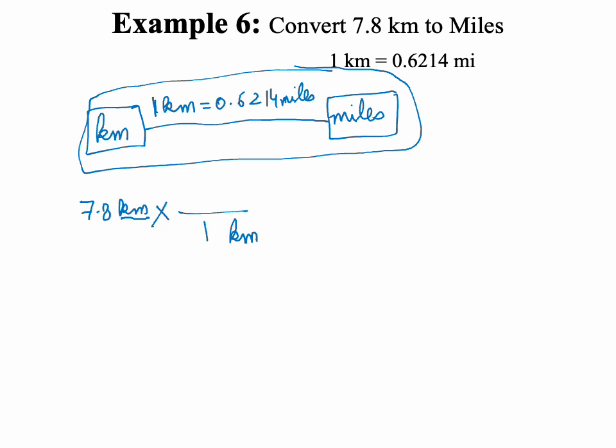I'm just taking the number and putting it in front of the unit, and 0.6214 miles goes in the numerator. Now we work with units. Forget the numbers for now. Kilometer gets cancelled, and your final answer is in miles, and that's exactly what I wanted. Now the only thing you have to do is plug it in the calculator: 7.8 times 0.6214.